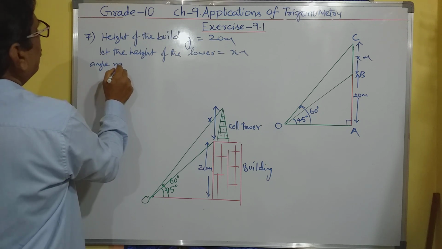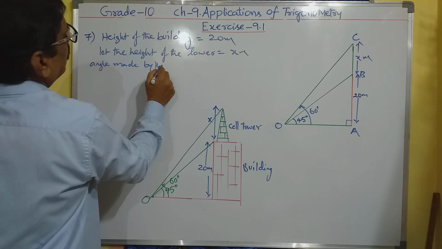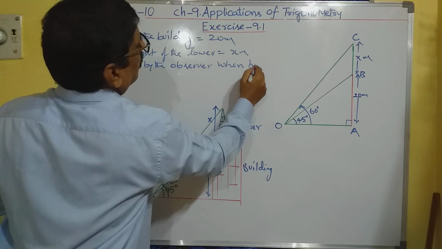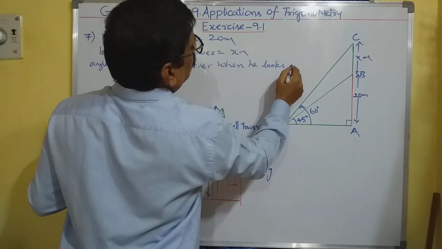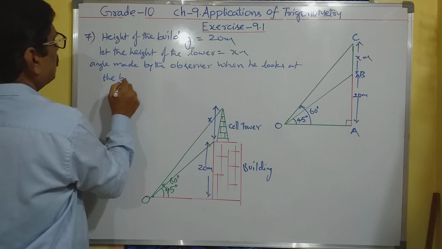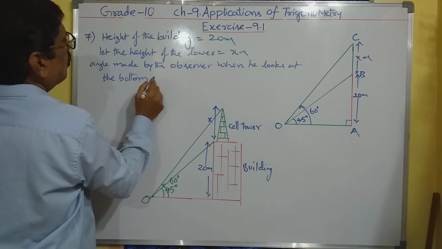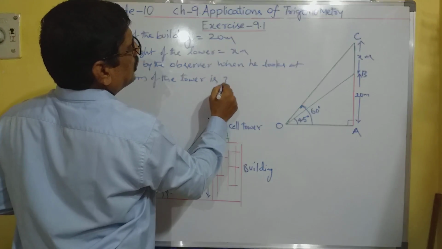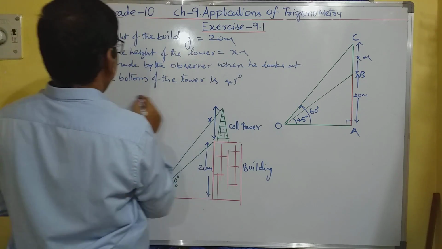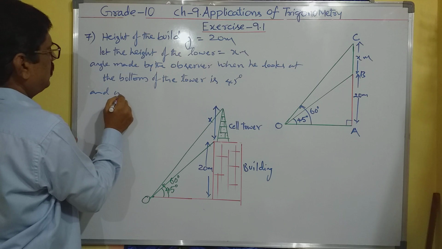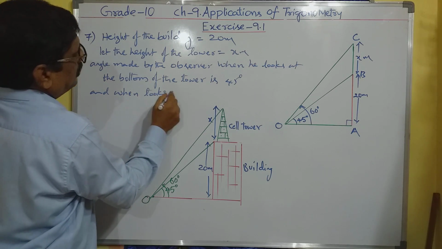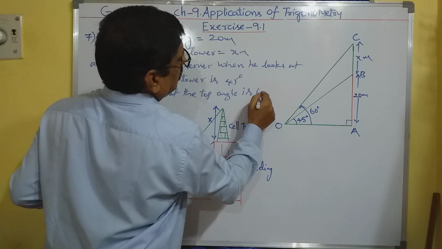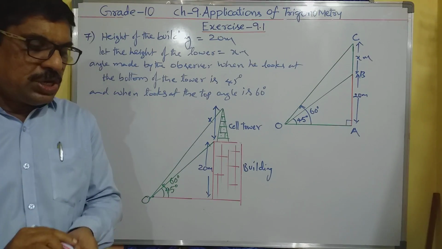The angle made by the observer when he looks at the bottom of the tower is 45 degrees, and when he looks at the top, the angle is 60 degrees. So I have gathered all the information of the problem.